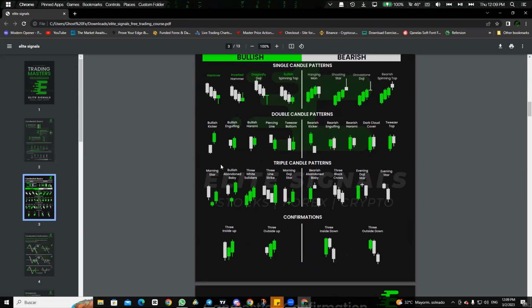Okay, engulfing. You see here, bullish engulfing. It's a red candle, and this is a bigger candle than the previous candle. So it has to be like this. Bearish engulfing: green candle, then a red candle bigger than the other one, or at least the same size or a bit bigger. Those are the things that you need to see here. The evening star, the doji evening star, is also a good pattern for reversals.